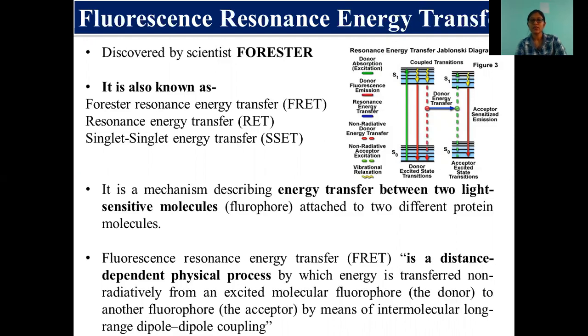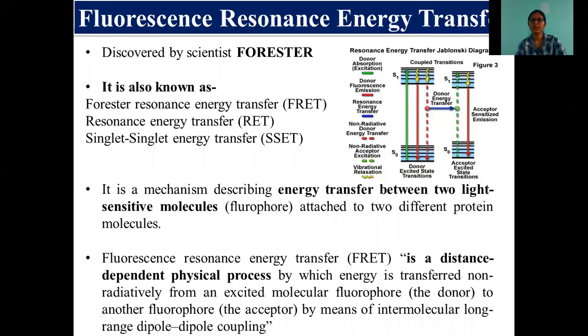Fluorescence resonance energy transfer has four words mainly: first fluorescence, second resonance, third energy, and fourth transfer. So what takes place in this technique? The energy is transferred from one fluorescent molecule to another fluorescent molecule, or another fluorophore molecule.